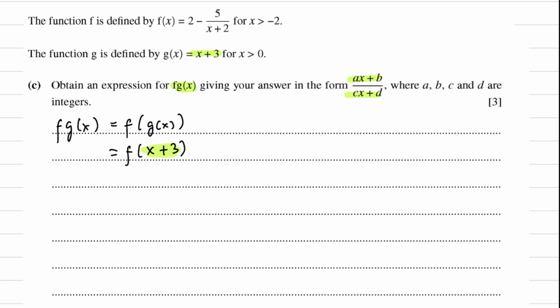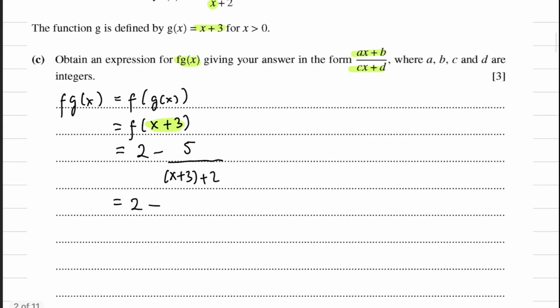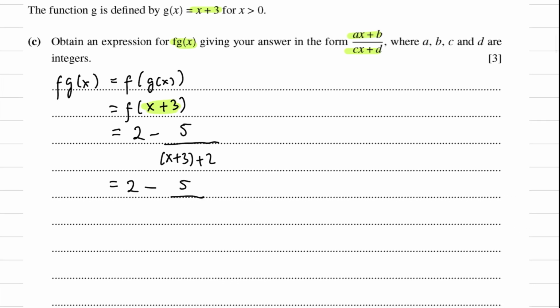We replace the x with x plus 3. So we have 2 minus 5 over x plus 2, but we replace x with x plus 3, so x plus 3 plus 2. So we will have 2 minus 5 over x plus 5.